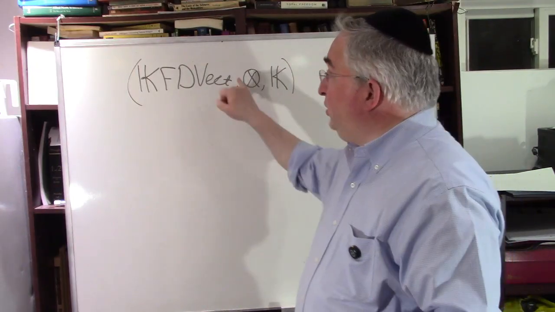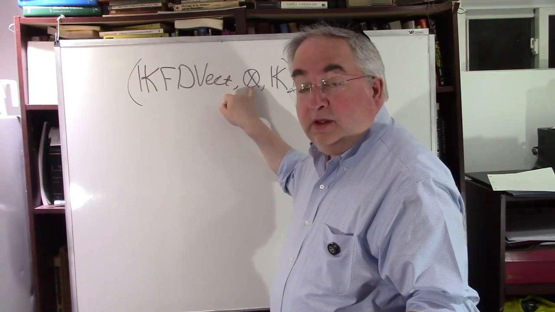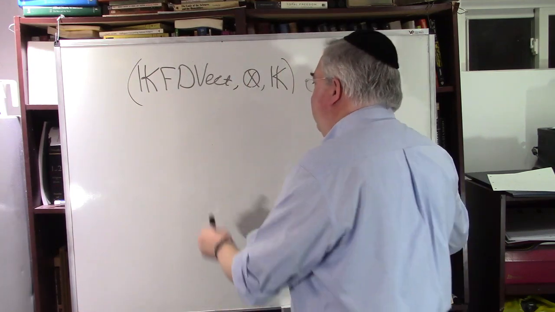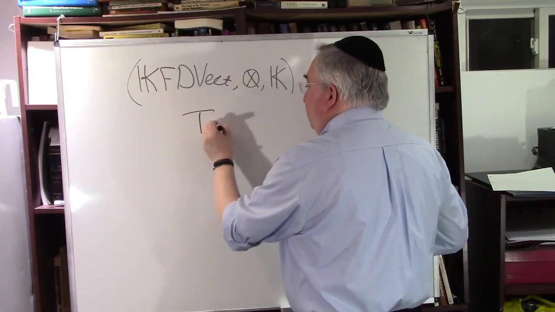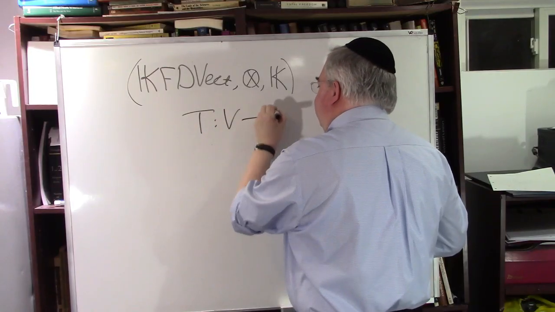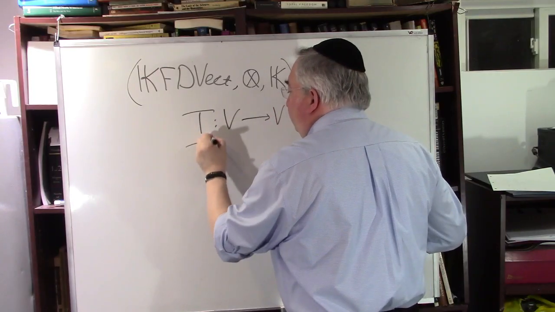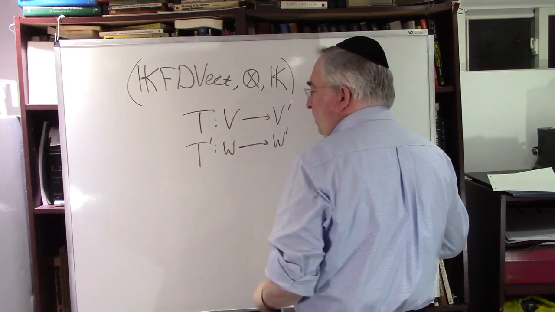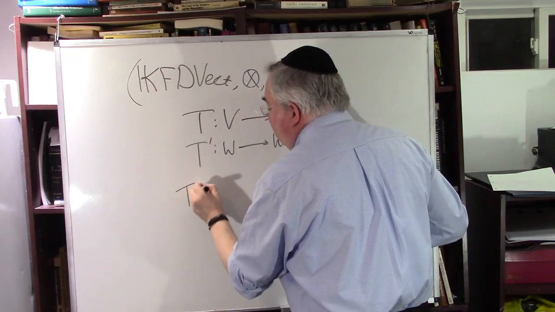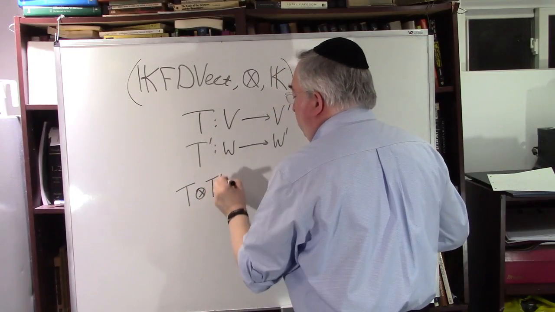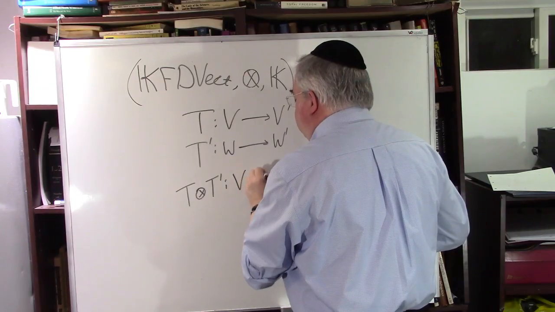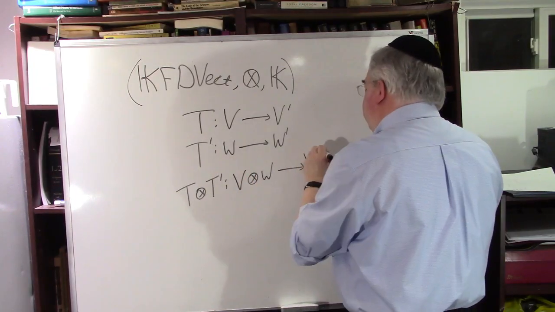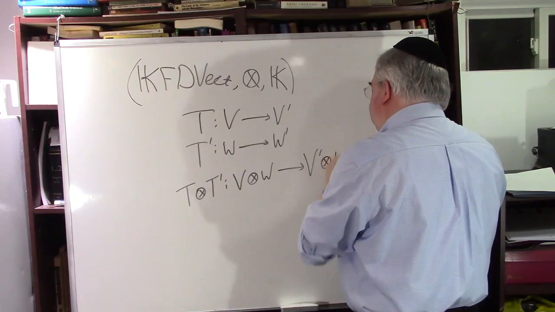Great, but this works on a category. So we don't only have to worry about vector spaces, we have to worry about linear transformations. Ready? If you have a linear transformation T from V to V prime, and another linear transformation T prime from W to W prime, then you can do T tensor T prime, which goes from V tensor W to V prime tensor W prime.